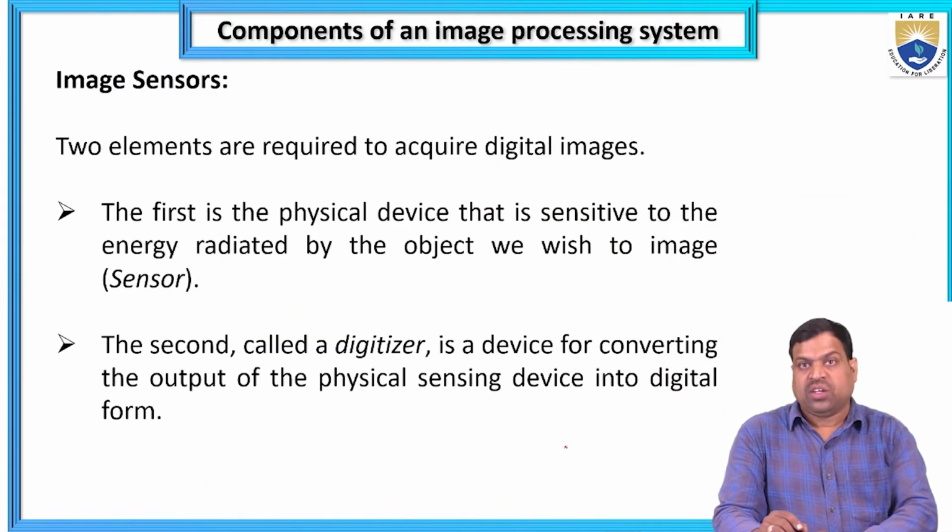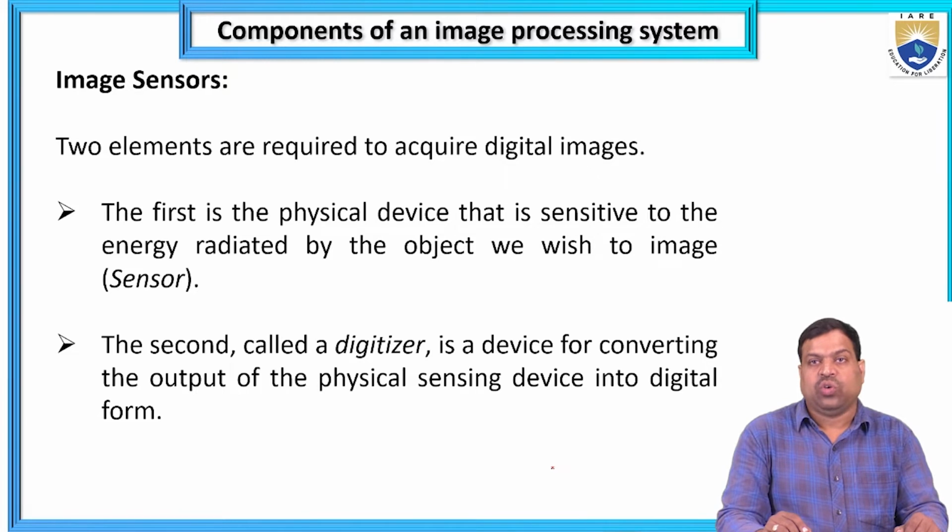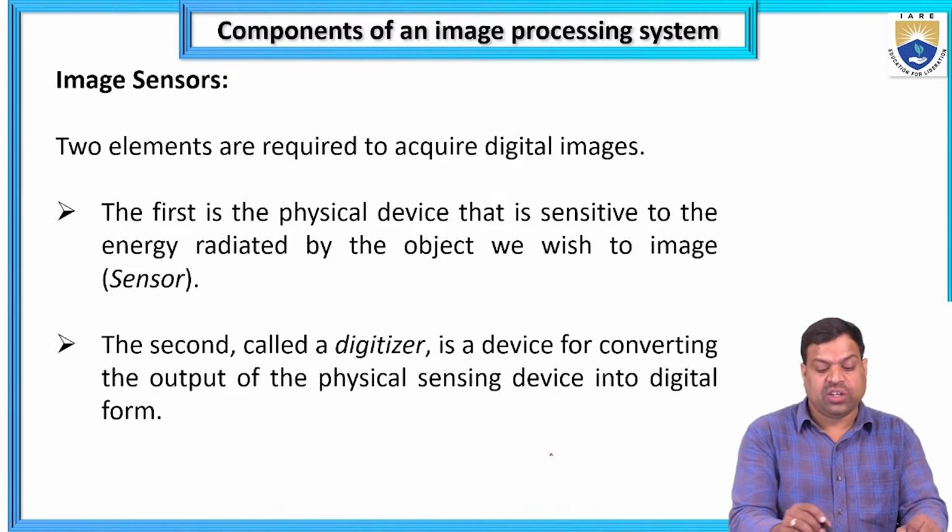Image sensors. Two elements are required to acquire digital images. The first is a physical device that is sensitive to the energy radiated by the object we wish to image.